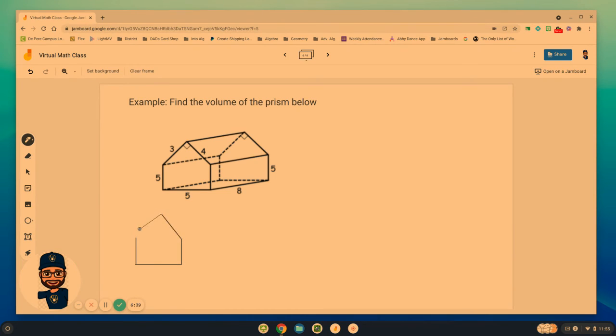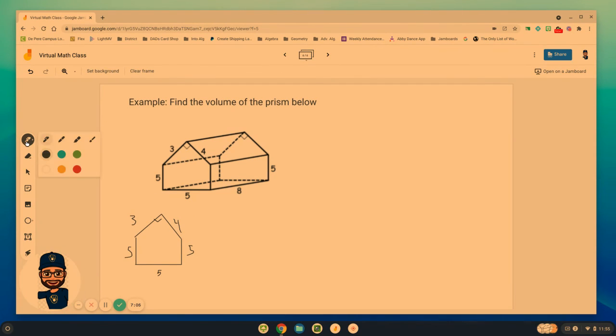It shows a right angle with a 3, a 4, a 5, and a 5. That 5 can come right here as well. So how might we find the area of that pentagon? Why don't you take a moment and see if you can find the area of the pentagon?